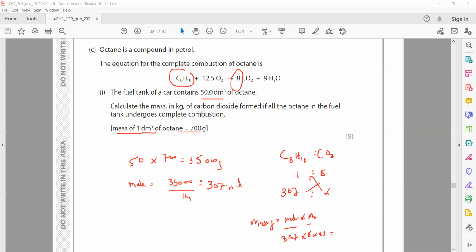As 1:8 is the ratio, we get the total moles, and then multiply by molar mass, which gives grams.